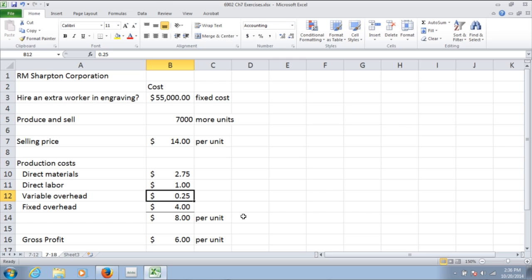Variable overhead, 25 cents. The question of the fixed overhead: here we're told it's primarily depreciation of equipment. In the typical measure of depreciation, we do this on the basis of time. Whether we produce 7,000 units or not, this cost is not relevant. It's just being spread over this number of units.